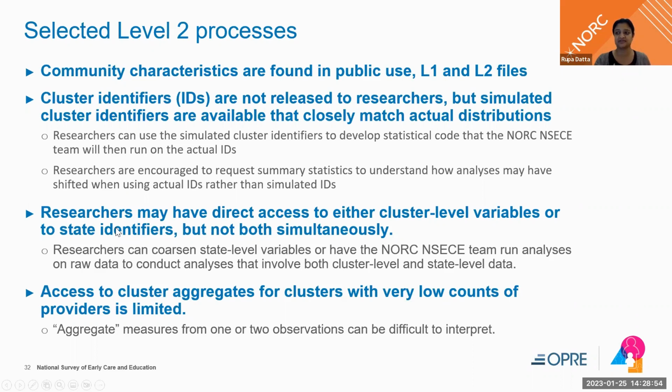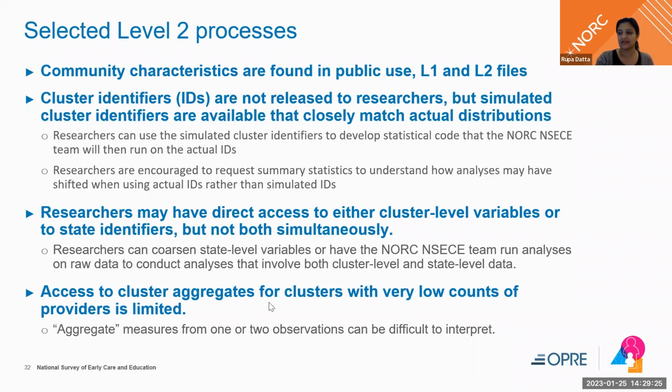Researchers may have direct access either to cluster aggregates or to state identifiers, but not both. When we get too much information about the clusters and know what state they're in, it's actually quite easy to identify the actual location of the clusters, which is not in keeping with our privacy guarantees to respondents.